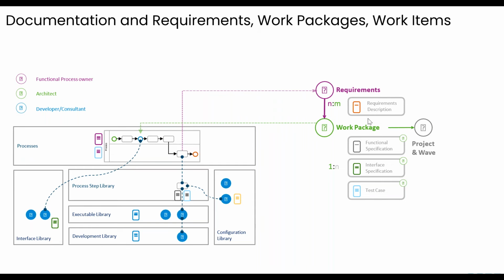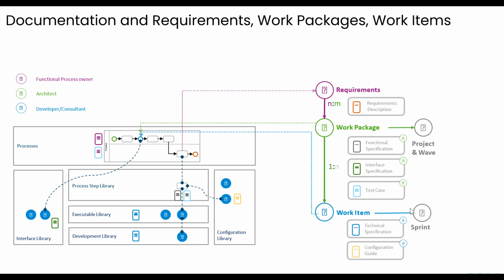This work package is primarily to capture certain documentation, such as a functional specification, or any other functional documentation we want to capture for that requirement. We would load it directly within this work package. And then we would also assign this work package to a specific wave that we want to deliver.